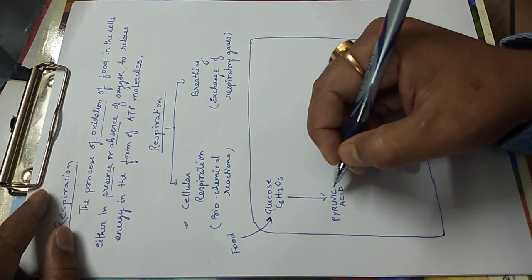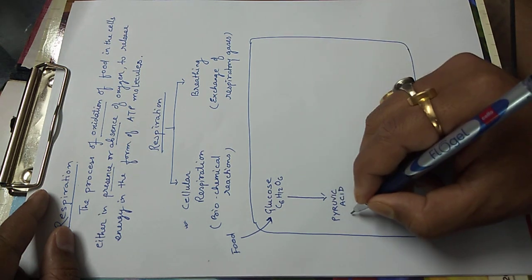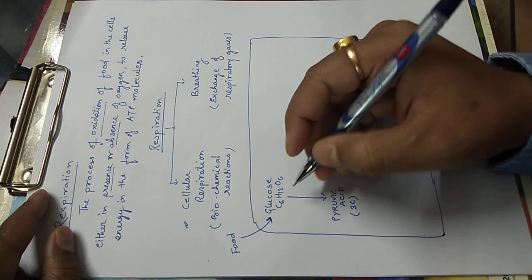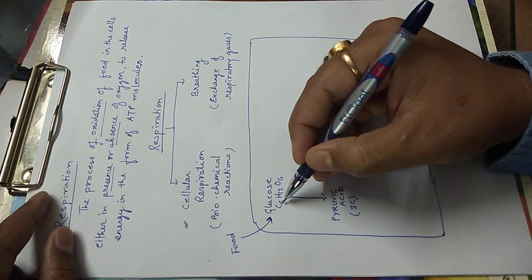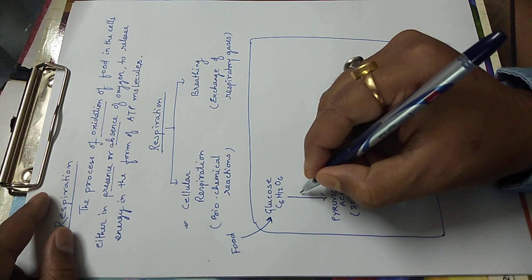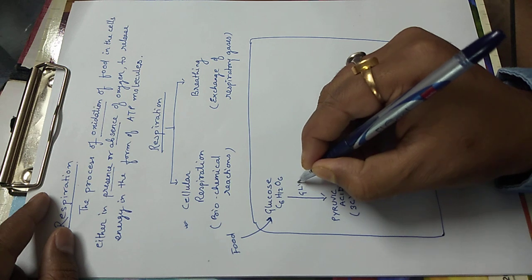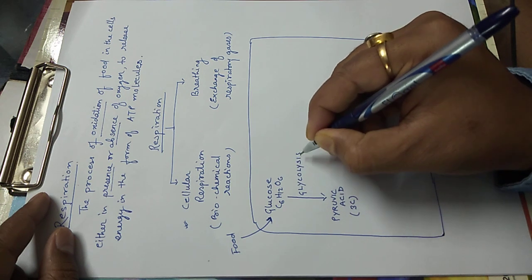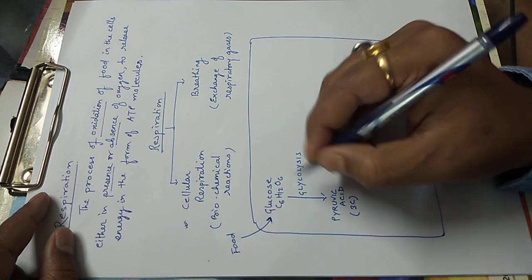Now this pyruvic acid is a 3-carbon compound. So what we are finding is that a 6-carbon compound is getting converted into a 3-carbon compound. Therefore, this step is called glycolysis. Glyco means glucose, lysis means breakdown.